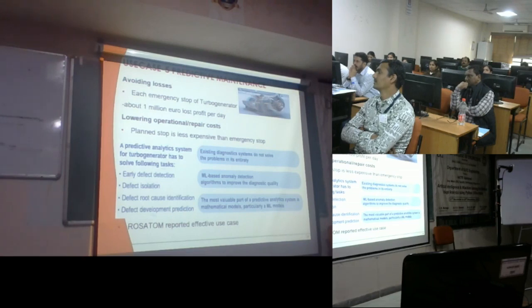So 2 to 3 days means a 3 million euro loss per shutdown. For example, there are 61 reactors across the country. On average, if 5 reactors shut down in 1 year, 5 into 3 is 15 days my plant has been shut down. So there will be a loss of 15 million euros.